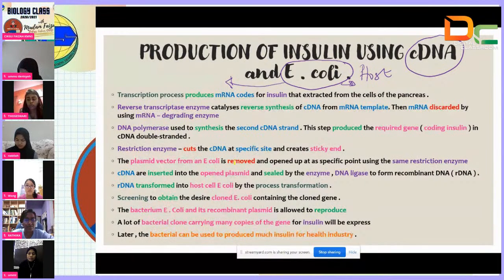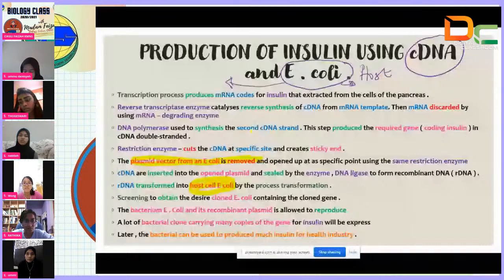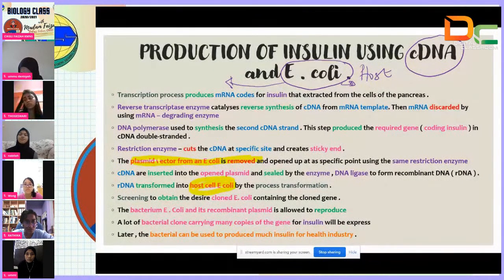Teacher mentioned that first, it will be a host. Okay, see class here, host cell E. coli, host cell. One role. Another role, Ratika, read this. Another role, E. coli will, Ratika, do you see this? The one that teacher highlighted. The fifth one, read it. Yes. Okay, E. coli. Besides becoming a host, it will also act as a vector. Okay, vector. What does vector mean, class?